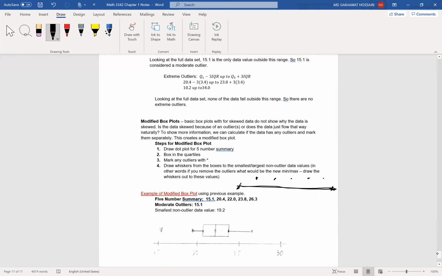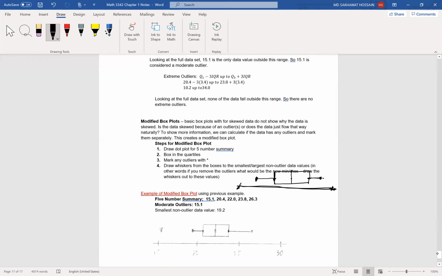This number is the minimum and this is the maximum, and then this is the first quartile, so you'll draw a bar here. This is the second quartile and this is the third quartile, and then you will connect them. You connect this point to this point and this point to this point. So this is called the box plot.